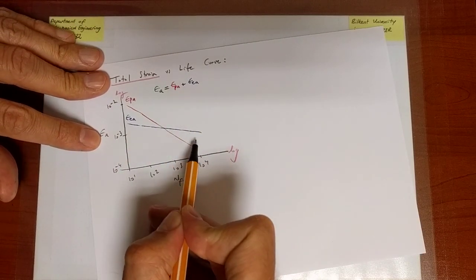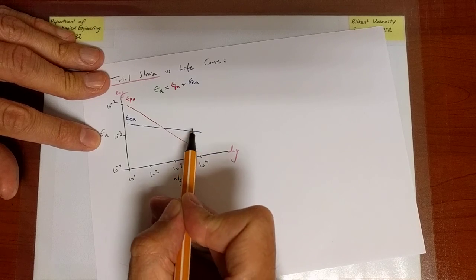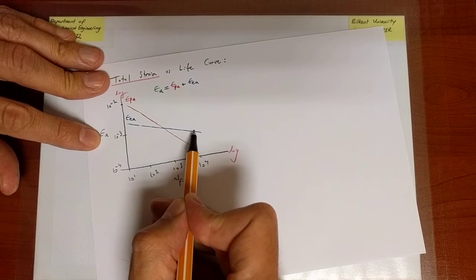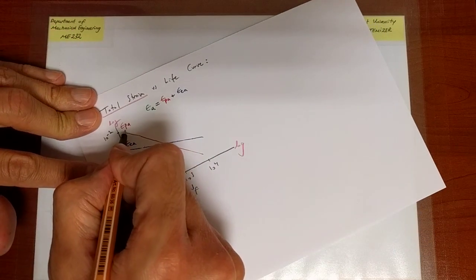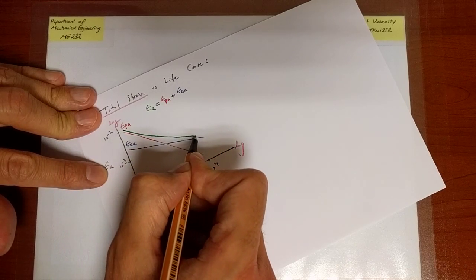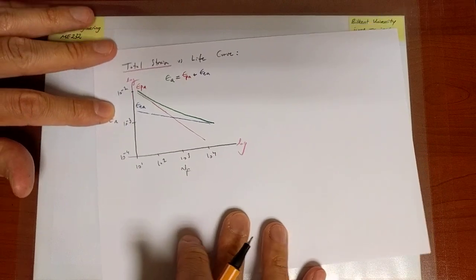Whereas if we're here, because we're on the log scale again, these values are maybe one order of magnitude larger than these values. So I'm going to be closer to the blue line. So I will start off close to the red line and end up close to the blue line.